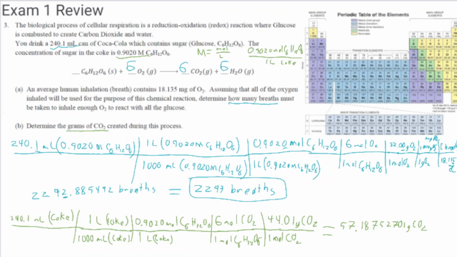When we look at our significant figures, we have 4 right there, we have 4 right there, and we have 4 right there. So they're all 4, so we're going to be limited to 4 significant figures. And so when we write this out, we'll have 57.19, since the number to the right is greater than 5, we round it up. We'll have grams of CO2.